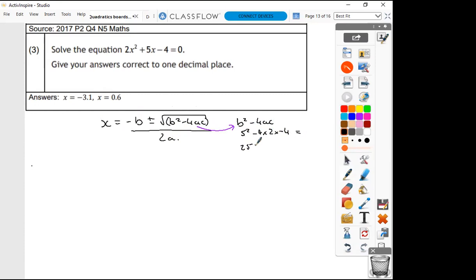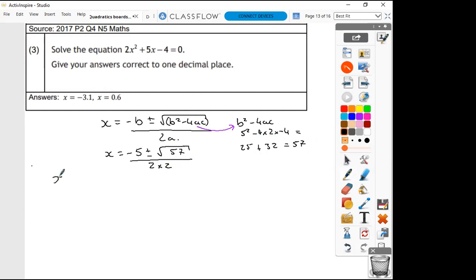So 25 plus 32 equals 57. We bring that back in and pull it together with everything else: negative 5 plus or minus root of 57 all over 2 times 2.